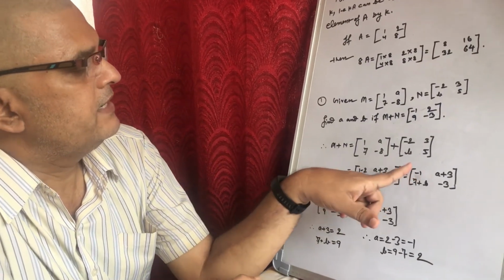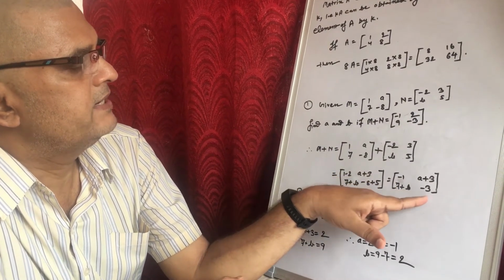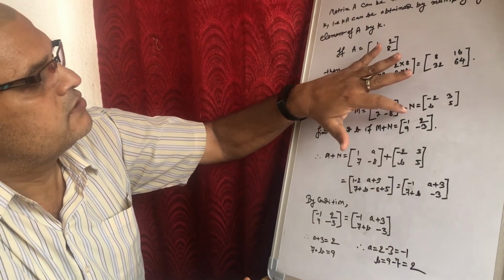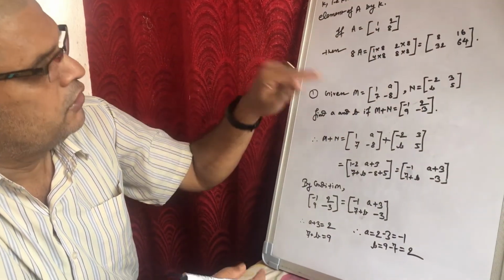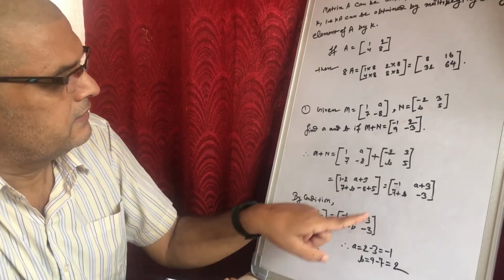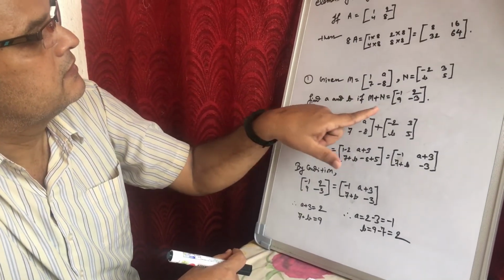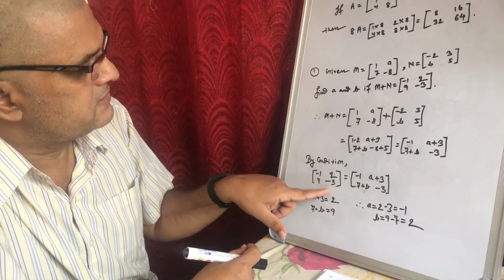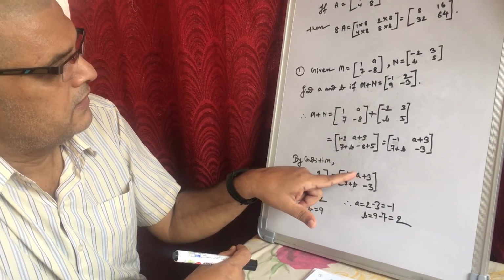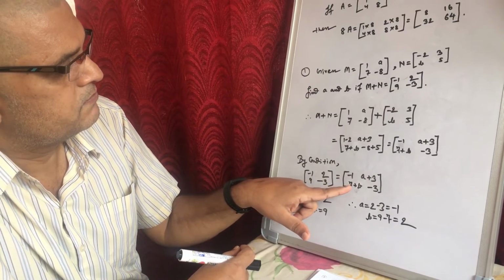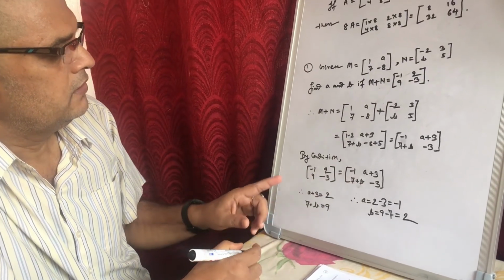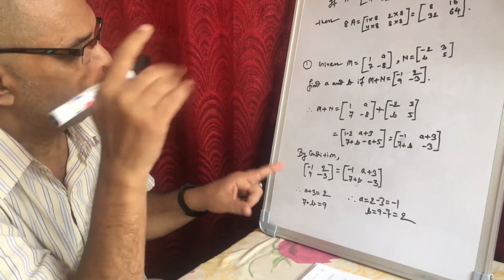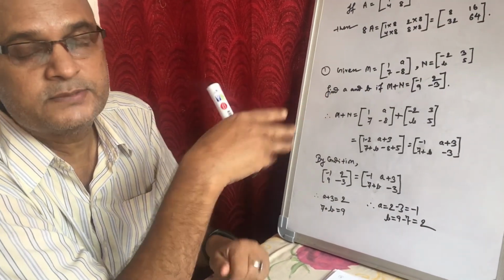After addition it will be minus 1, a plus 3, 7 plus b, minus 3. Now it is given that M plus N is minus 1, 2, 9, minus 3. So this will be equal to this. So the corresponding elements will be equal. Only then the two matrices will be equal, if the corresponding elements are equal.